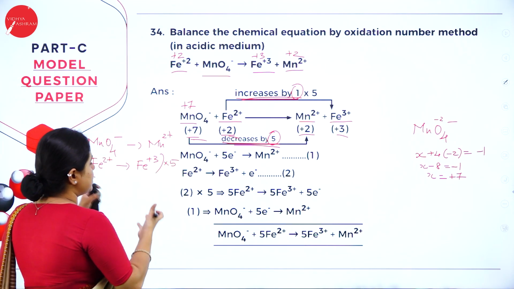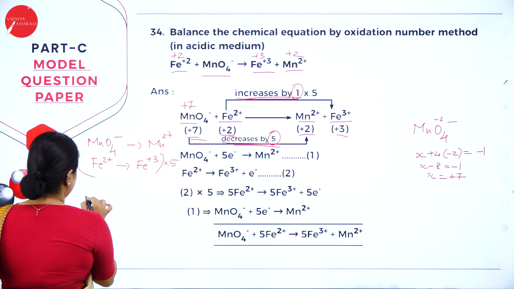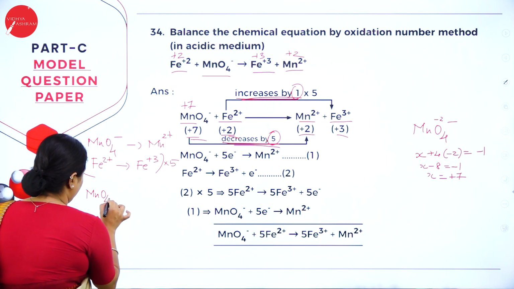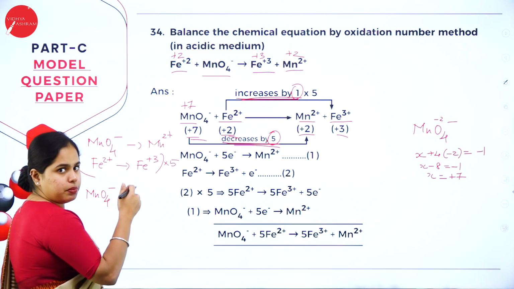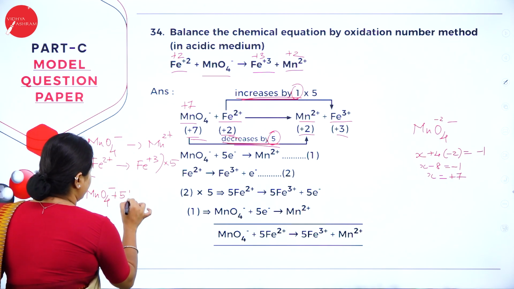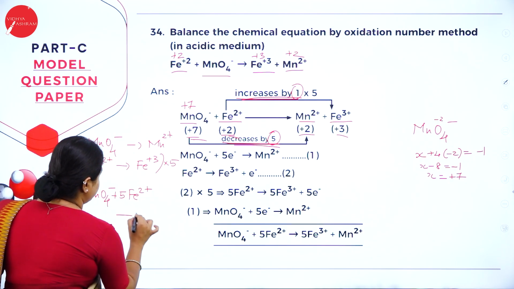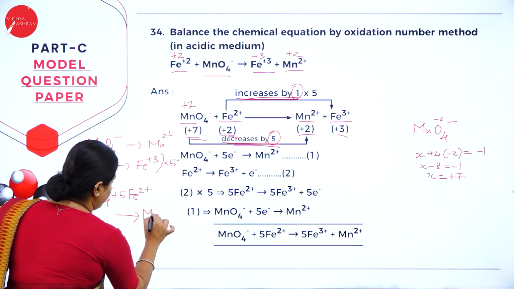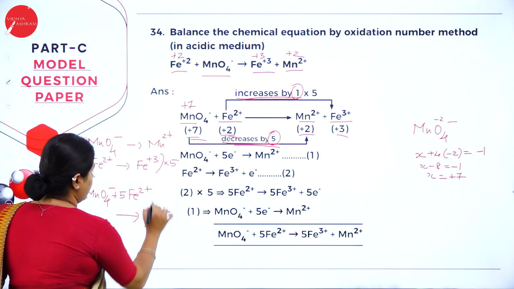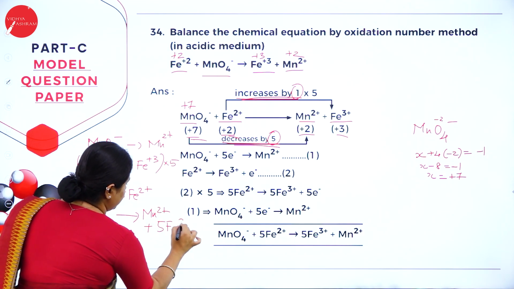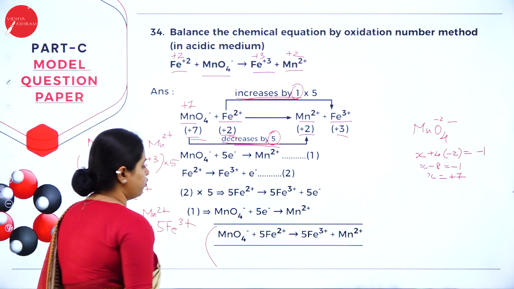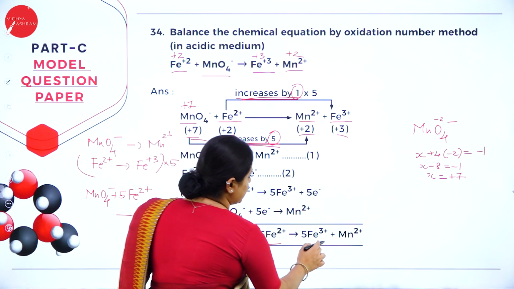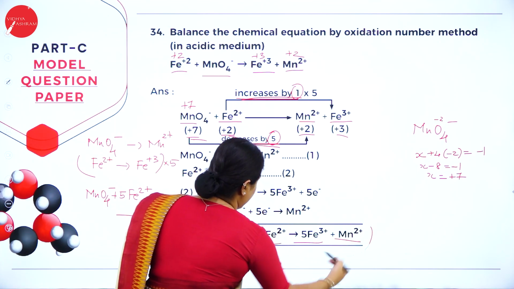Okay, so now let us add these two equations and write together MnO4-, now what happens to the Fe2+? I have to multiply it by 5. So it becomes 5 Fe2+ gives, right? Mn2+ is already there on the product side. Then you have 5 Fe3+. So that is what is shown here. MnO4- plus 5 Fe2+ gives 5 Fe3+ plus Mn2+.